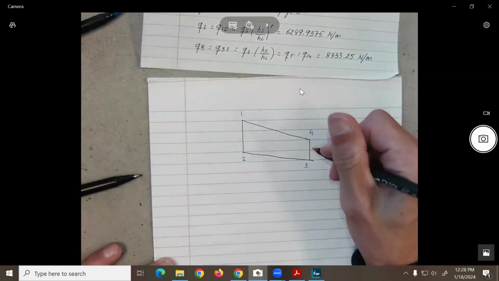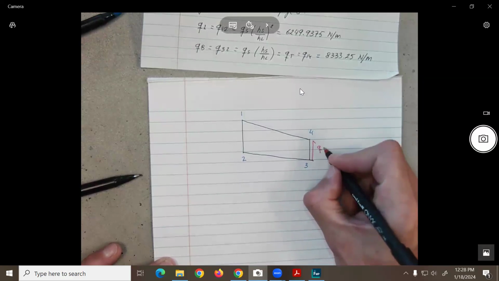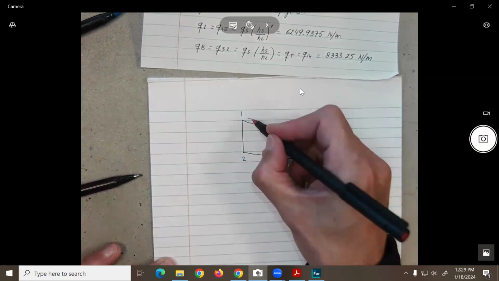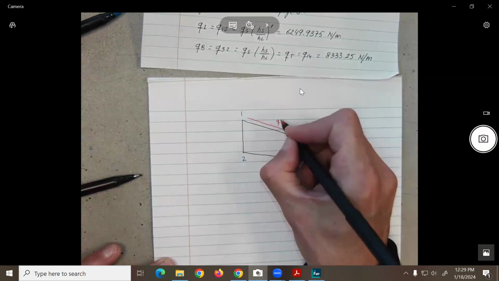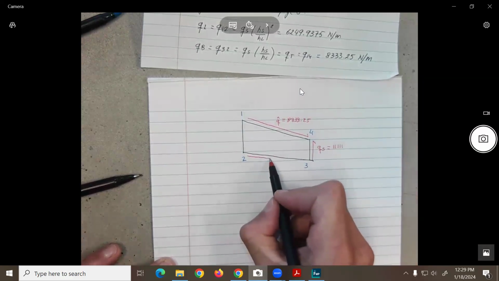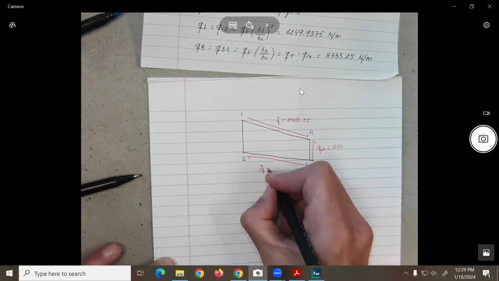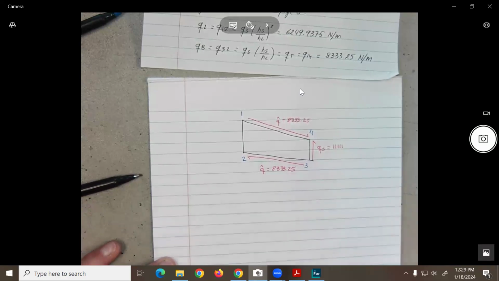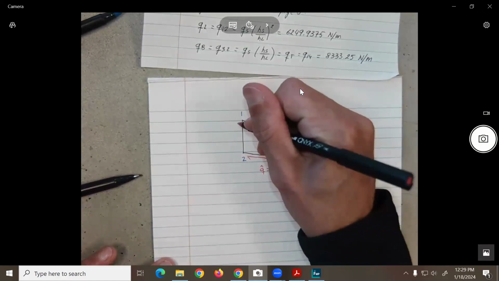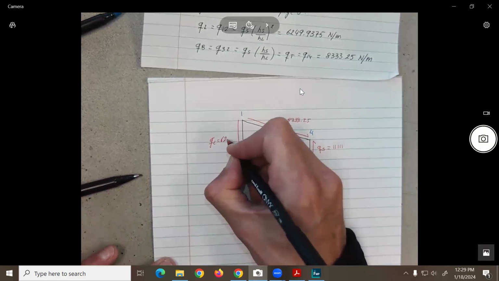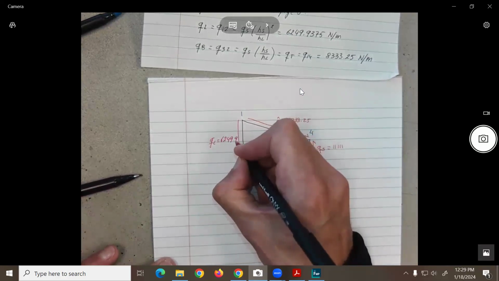So we have here Q short equal to 11,111, Q hat equal to 8,333.25, 8,333.25, and then this one over here, Q long, 6,249.94.